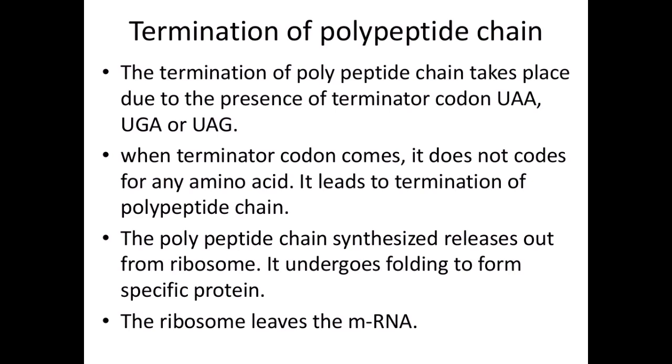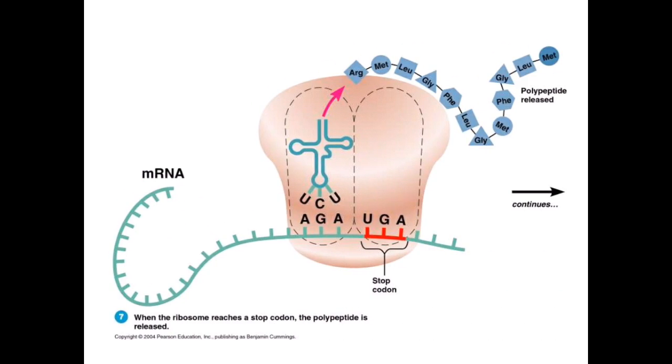The polypeptide chain synthesized is released from the ribosome, and it undergoes folding to form a specific protein. The ribosome leaves the messenger RNA. See finally the formation of that polypeptide chain.